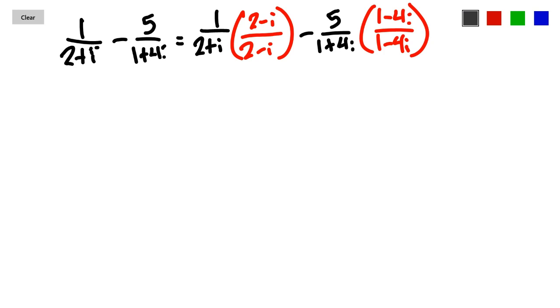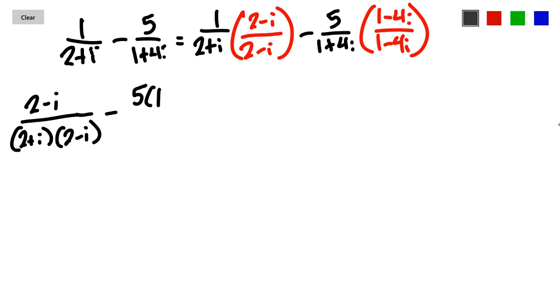And what I get is 2 minus i on the top of the first fraction, and on the bottom I have 2 plus i times 2 minus i. And for the second fraction I have 5 times 1 minus 4i over 1 plus 4i and 1 minus 4i on the bottom. So I can simplify each of these fractions.